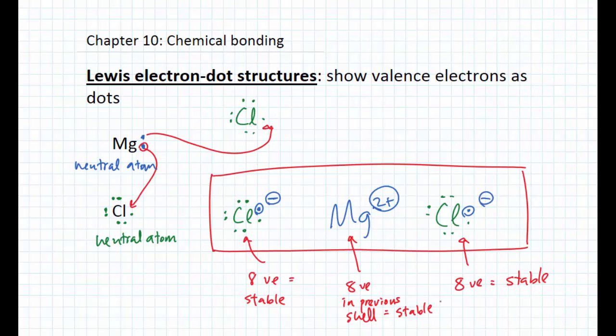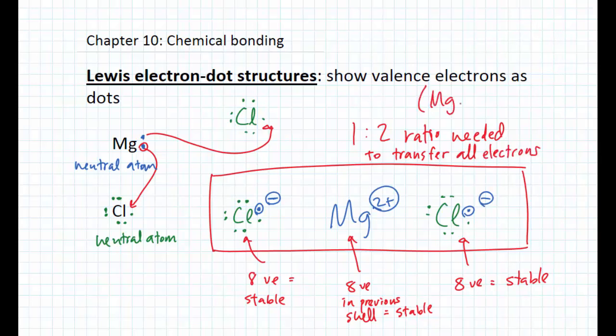Now, what ratio of magnesium to chlorines did we need in order for all this electron transfer to work out? Yeah, we needed 1 magnesium to transfer all the electrons. Okay?